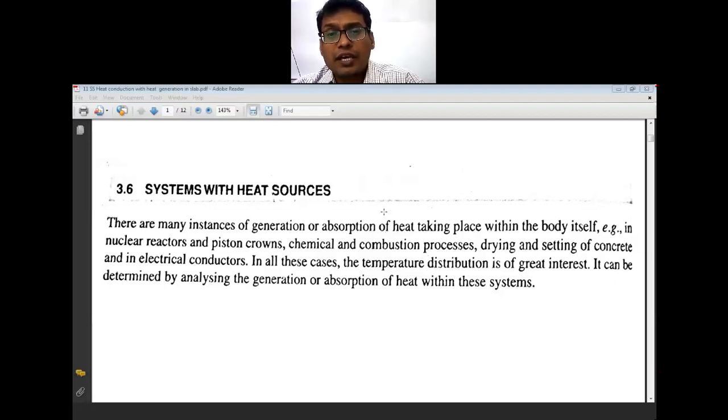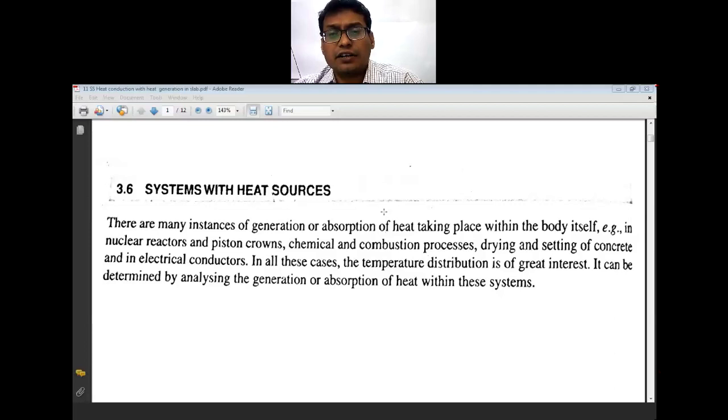There are many instances of generation or absorption of heat taking place within the body itself. For example, nuclear reactors, the piston and crown arrangement, chemical reactions, combustion processes, drying, settling of concentrates, and electric conductors, where there is a source of heat generation.